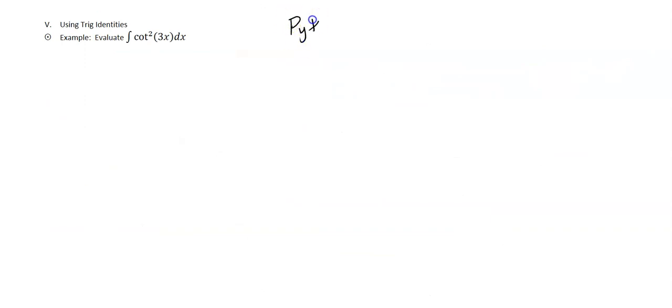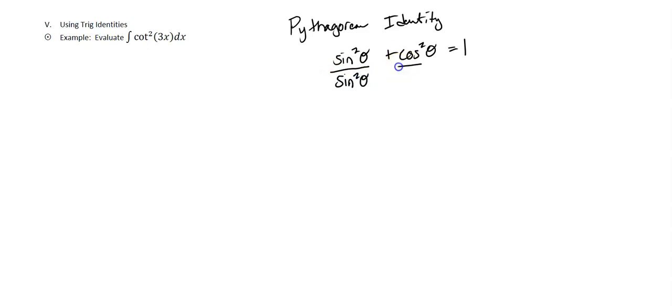So the Pythagorean identity, the version of it that you're probably the most familiar with is sine squared of theta plus cosine squared of theta equals 1. Now, in order to convert this to cotangent squared instead of sine and cosine squared, what I would do is take all of these pieces and divide every single piece by sine squared of theta.